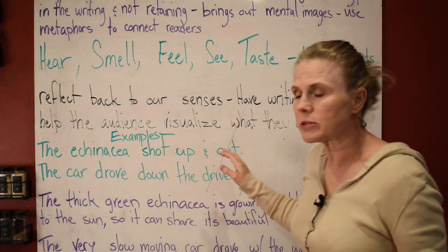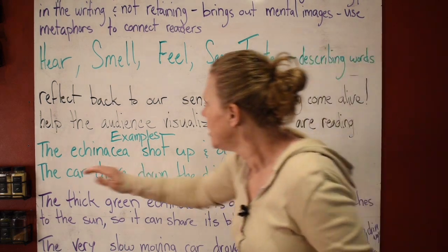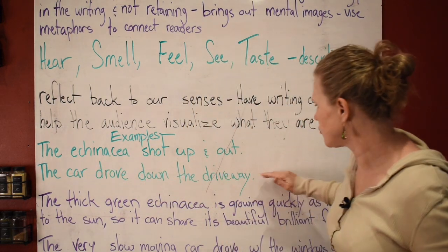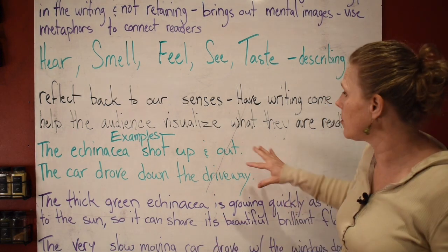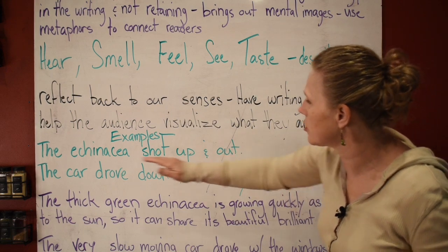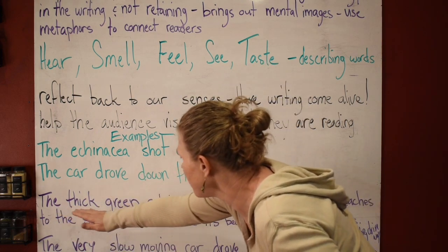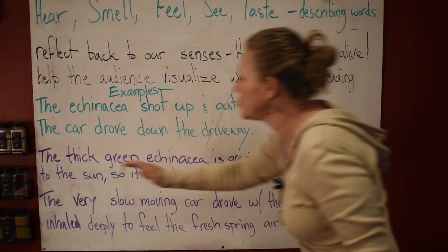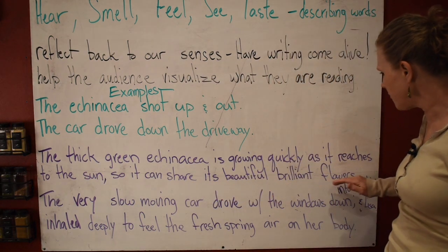So here are some examples. Now, these 2 sentences are not sensory language. The echinacea shot up and out. The car drove down the driveway. Those are not sensory language. This is an example of sensory language. So we're going to take the echinacea shot up and out. The thick green echinacea is growing quickly as it reaches to the sun, so it can share its beautiful, brilliant flowers.